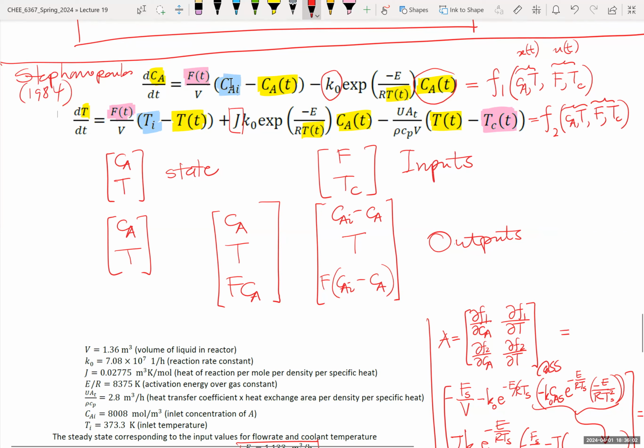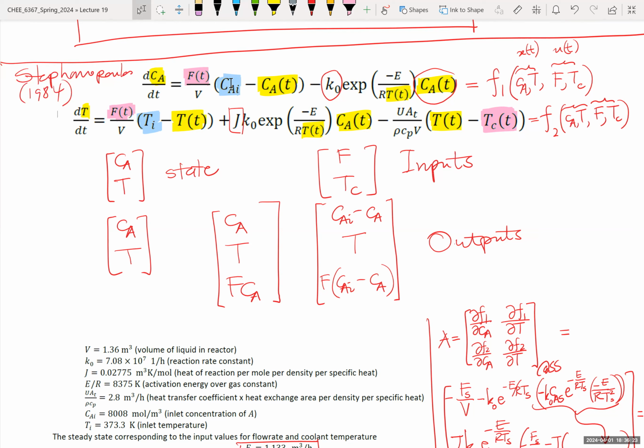So you get these. Okay, so what do we want to do with these? We want to linearize them around a steady state. Why steady state? Because this describes a continuous flow reactor, which is supposed to work at steady state. We want to control it at that steady state. So at a steady state, we want an approximate linear model. Why?